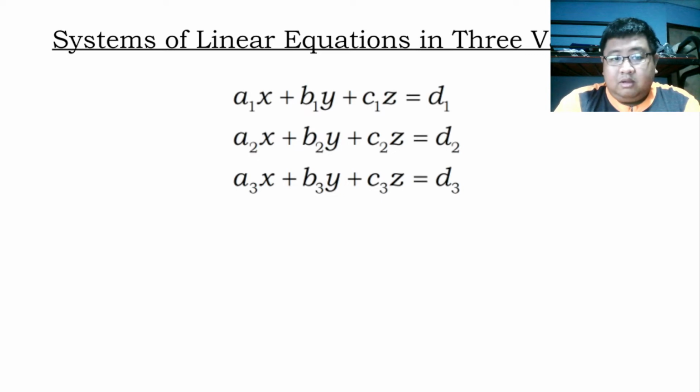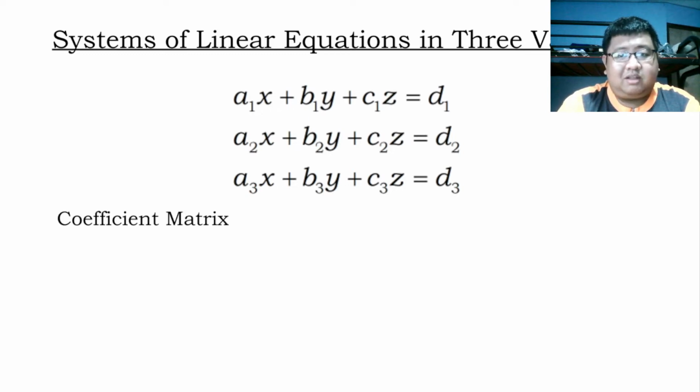Now, once you have this system of equations in 3 variables, the first 2 things you're going to take are the coefficient matrix and the constant matrix. So, starting with the coefficient matrix, you will use the a's, the coefficients of x, a1, a2, and a3.